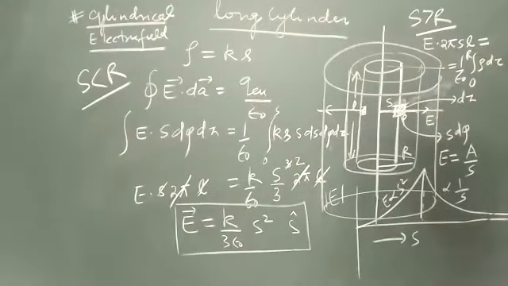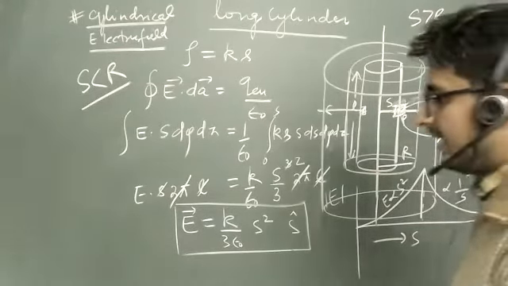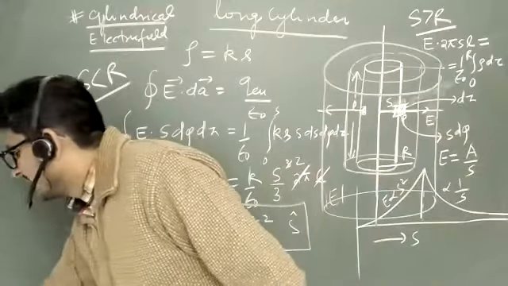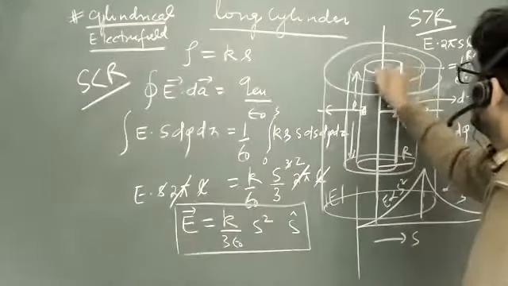So this is a very nice problem to understand everything. Pay attention to the Gaussian part, everyone: when you are on the surface, you are at distance S, so it will be 2 pi SH. When you are calculating charge, it is only enclosed in the original cylinder. Charge is only up to this.